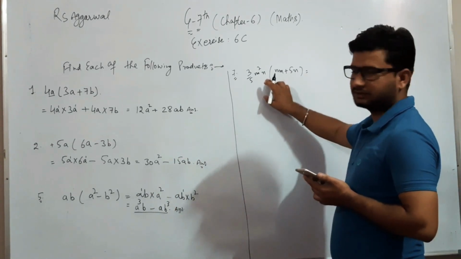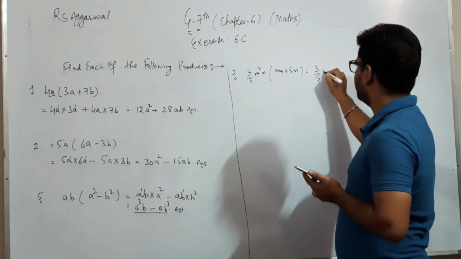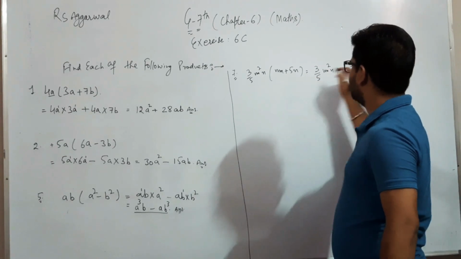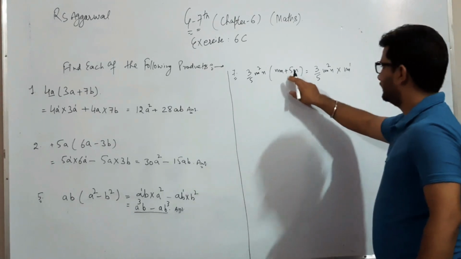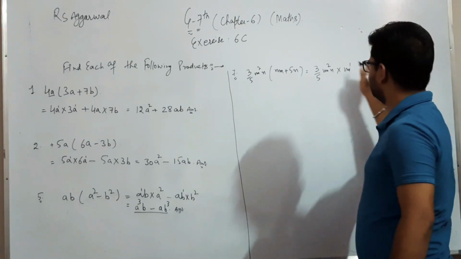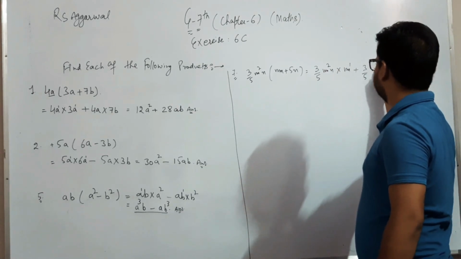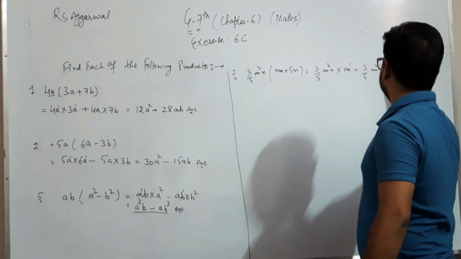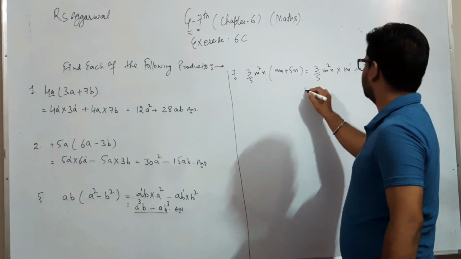This number is multiplied first with m, so we write 3 by 5 m raised to power 2 n, this is multiplied with m raised to power 1. Then plus, 3 by 5 m square n is multiplied with 5n, we write n raised to power 1.